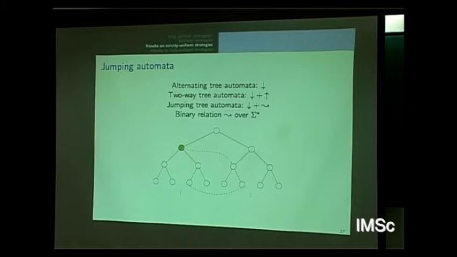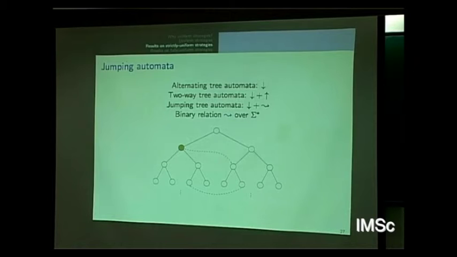And then jumping tree automata: they cannot go up like two-way automata, but they can go down like alternating tree automata. In addition, in the transition function, you have the possibility to send copies of your automaton in all related nodes of the input tree, or in some related node of the input tree.